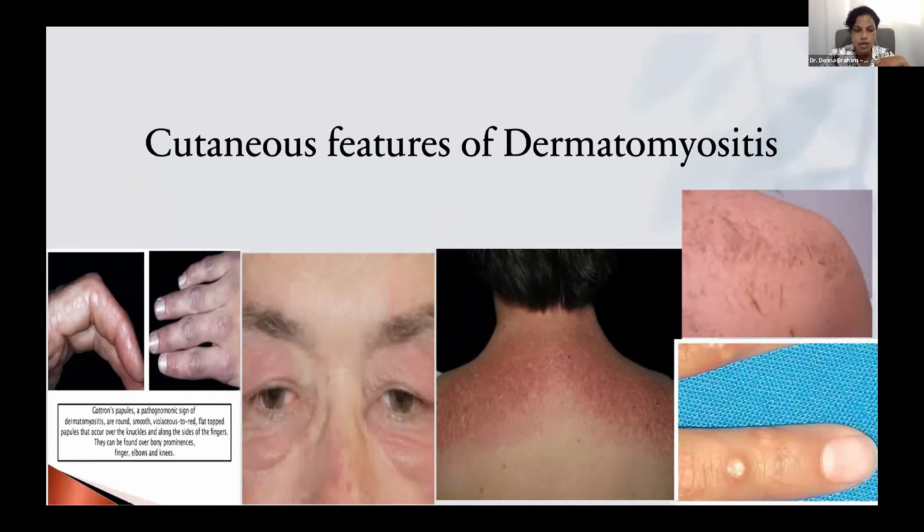It can also occur on the elbows and the knees over bony prominences, and this is called Gottron's papules. It's quite pathognomonic of dermatomyositis.